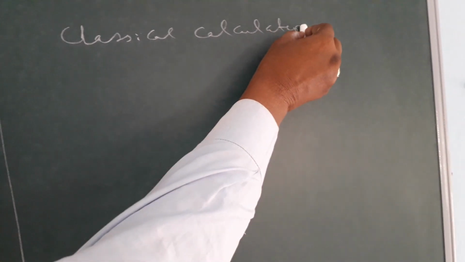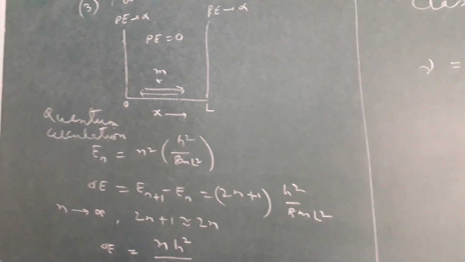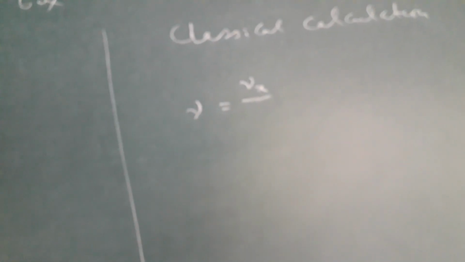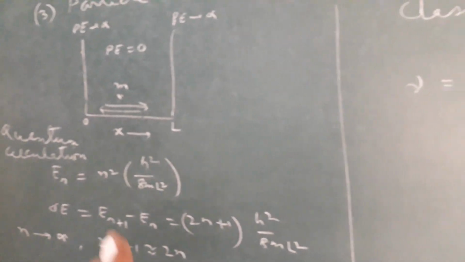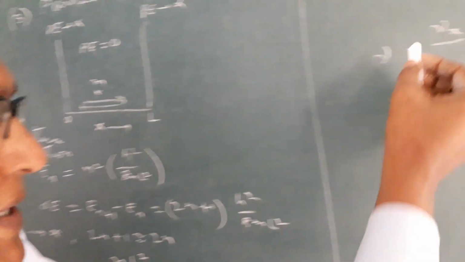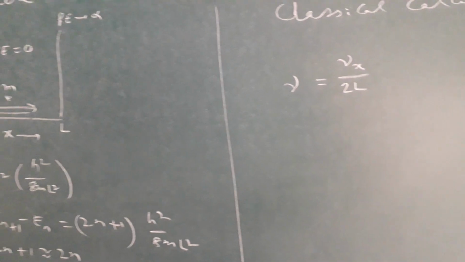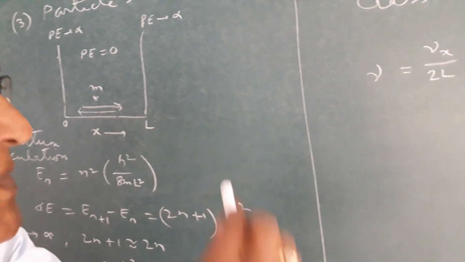Now the frequency of this motion of this particle: the velocity along the x-axis, Vx, means the distance covered in 1 second by this particle, and for one complete motion it requires twice L. So Vx divided by twice L will give you the frequency of the motion of this particle in the one-dimensional box.